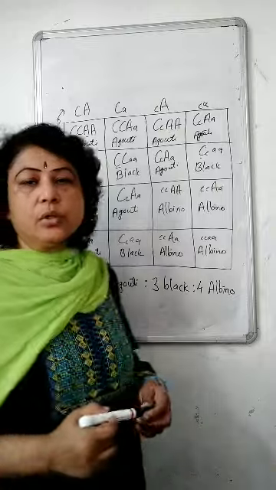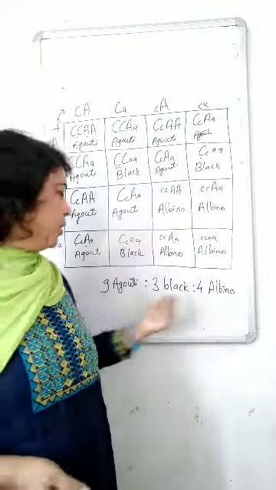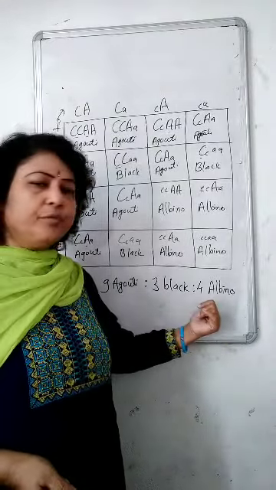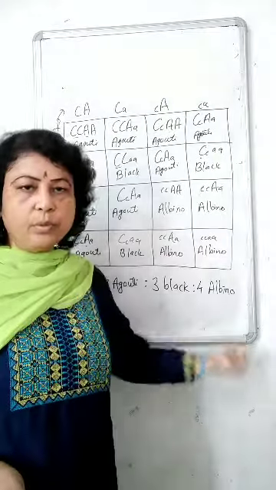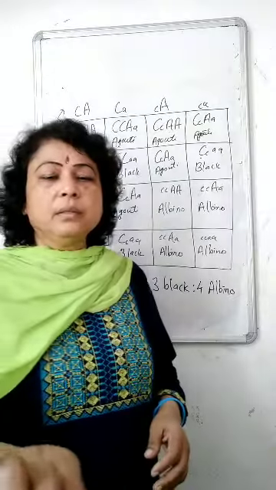Okay. So three different types of progenies were produced: agouti, black and albino in 9:3:4 ratio. Okay. So it is recessive epistasis.